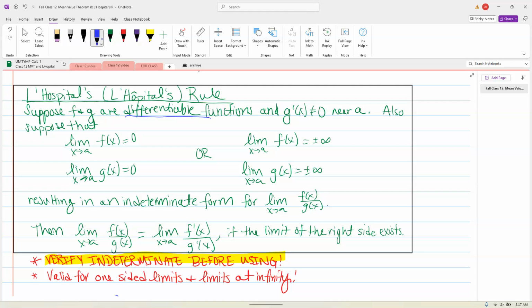So can you find the derivative? Is the derivative of the denominator function 0 at any place near our limiting value? And then, do you have indeterminate form? Okay, so you have to check these things before you use the rule. Also know that this is valid for one-sided limits and limits at infinity too.